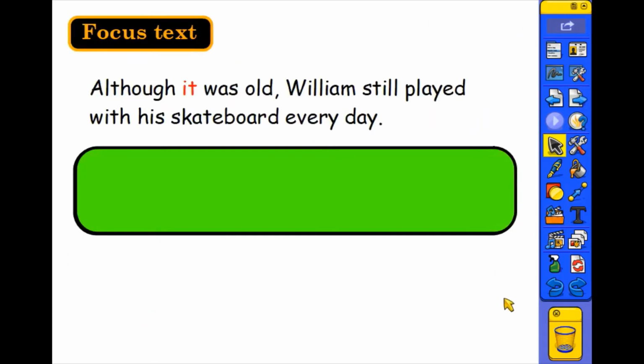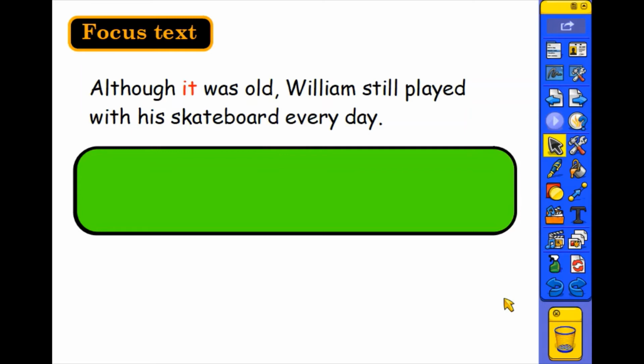Our focus text. Let's have a look at this sentence. It contains a pronoun. Although it was old, William still played with his skateboard every day. So what are we talking about when we have that pronoun it? The skateboard.